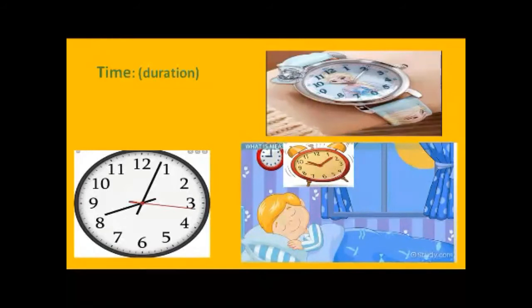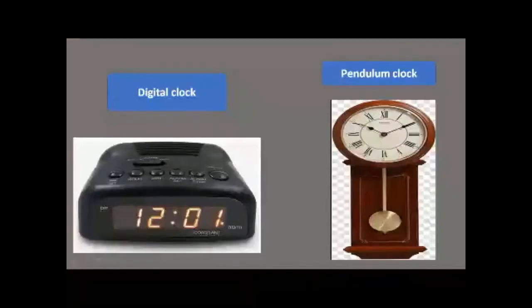Beta, this clock is used to set morning alarms. When mobiles were not invented, we used the quartz clock for morning alarms. You can see here, this is the quartz clock, this is the wall clock, and this is a wristwatch.